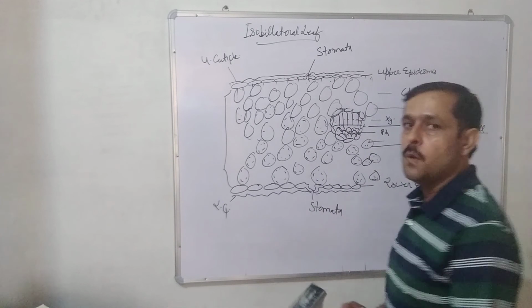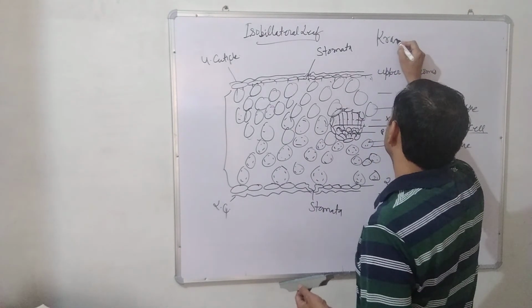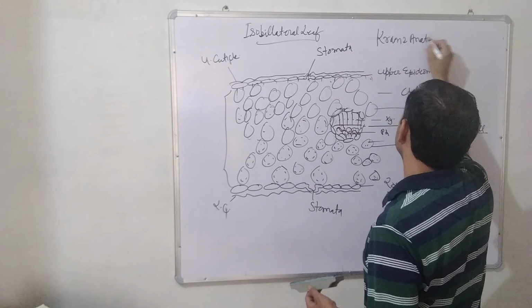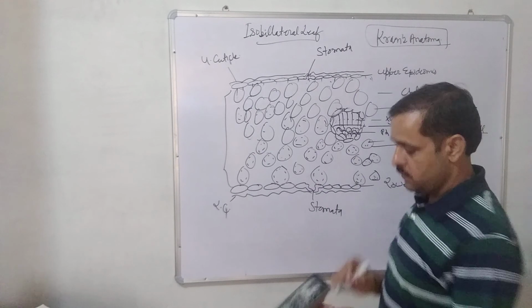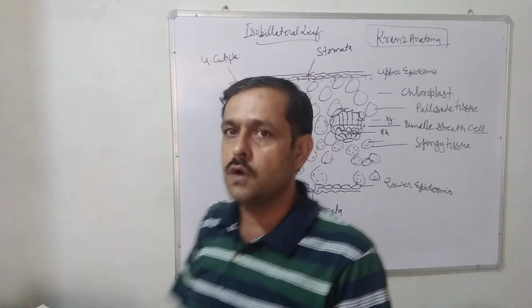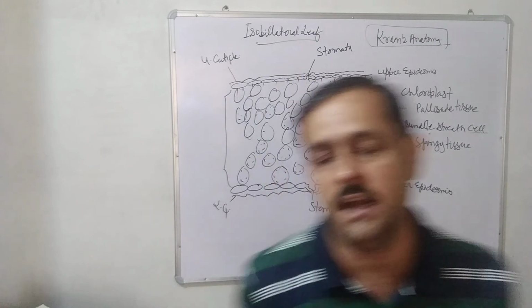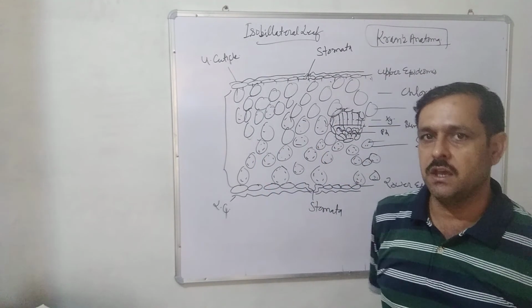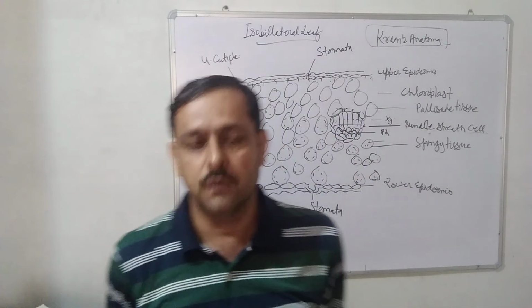And this type of anatomy is called Kranz anatomy. So here a question is asked: what is Kranz anatomy? Whenever the mesophyll tissue of the leaf is not differentiated into palisade and spongy tissue, then this type of anatomy is called Kranz anatomy.